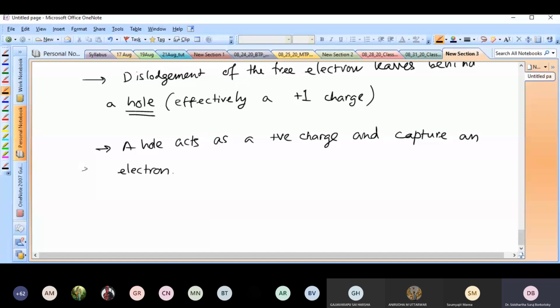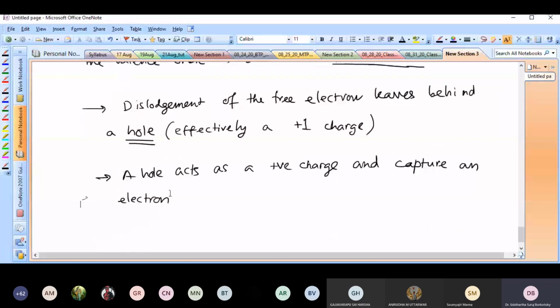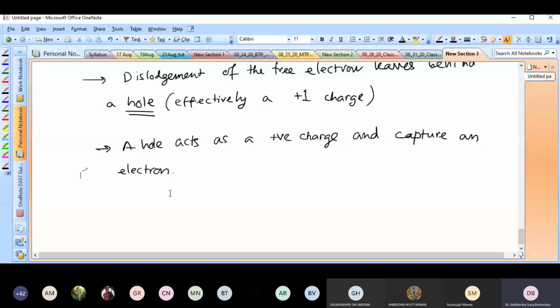Okay, so now coming back, this dislodgement of an electron, what knocks off the electron? It's heat. Now, the amount of heat you get at room temperature produces only a few holes and free electrons. That thermal energy cannot produce a whole lot of them, which means the capability of the semiconductor to conduct a lot of current at room temperature is simply not present.